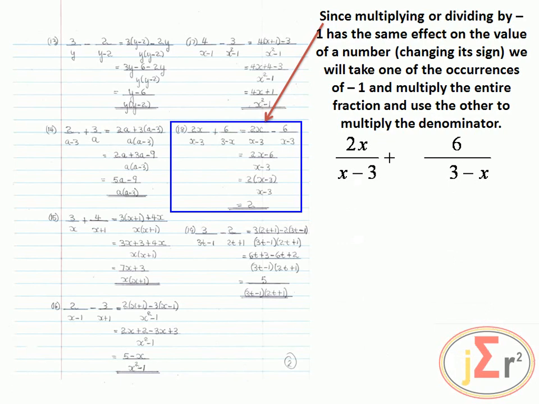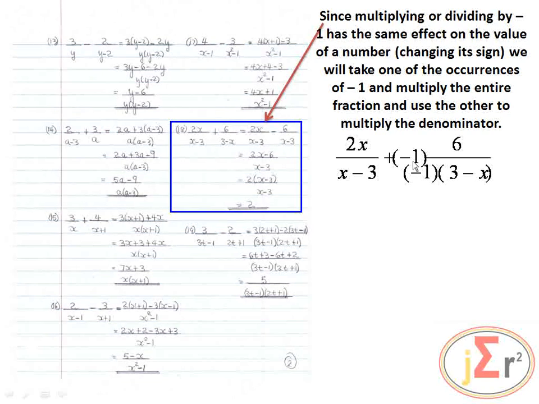We will take one occurrence of negative 1 right there to multiply the entire fraction, and the other one to multiply the denominator. What are we trying to achieve? We are trying to get the denominators to be the same, because as long as the denominators are the same, all we have to do to add or subtract the fractions is to add or subtract the numerators.